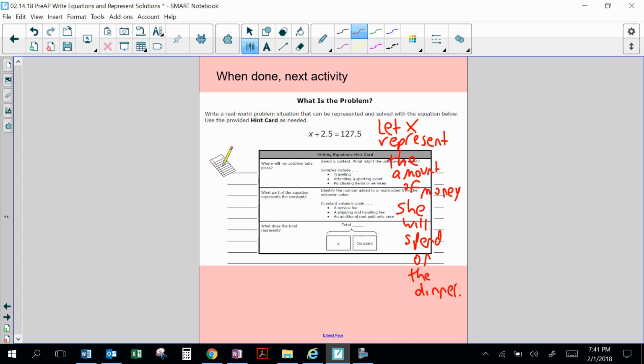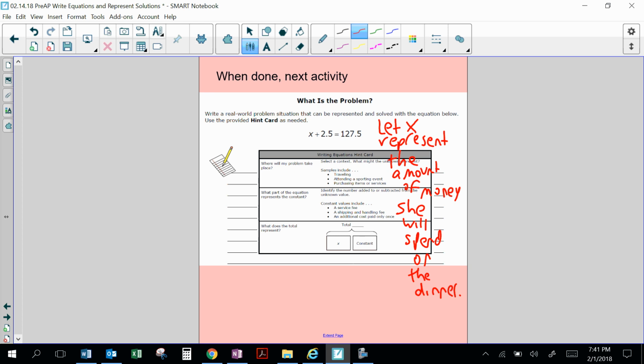So in my story problem, I could say this. Lucy Liu took Mr. Joe on a date. Mr. Joe paid $2.50 on the date, and the rest of it was paid by Lucy Liu, so the total bill was $127.50. What part of it was paid by Lucy Liu?